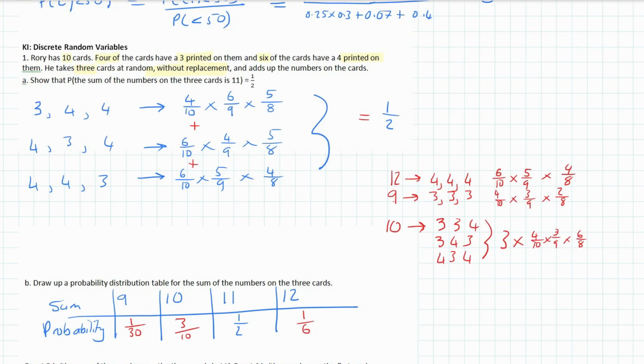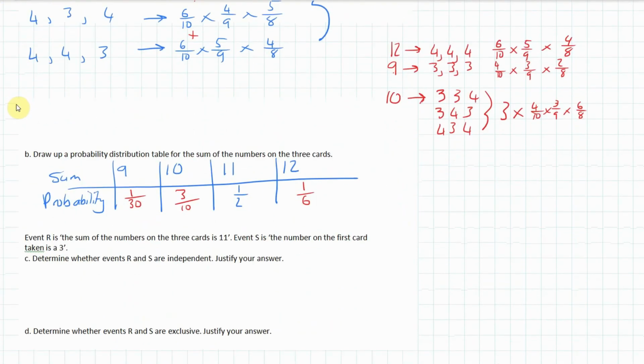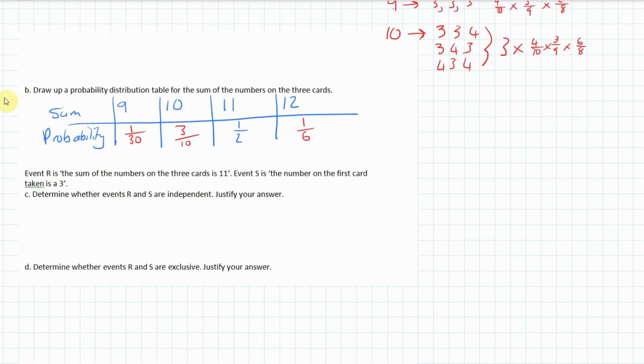So there's my probability table. Now, the next one: event R is that the sum of the numbers on the 3 cards is 11, and event S is that the number on the first card is 3. Are they independent?